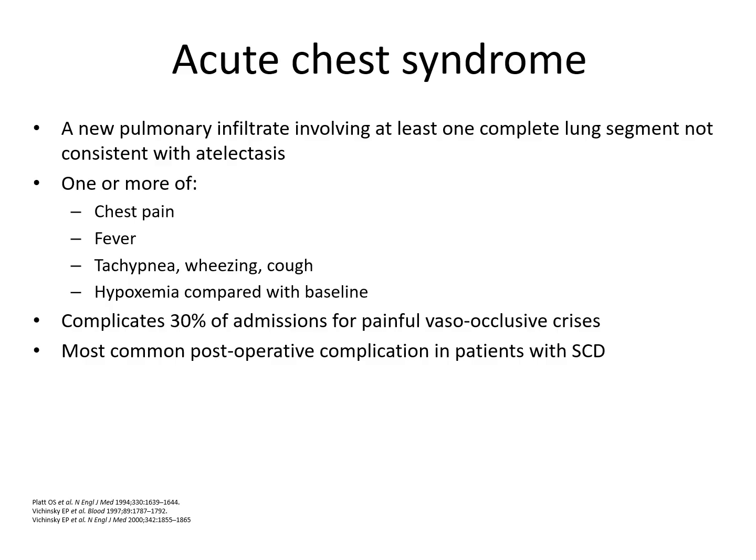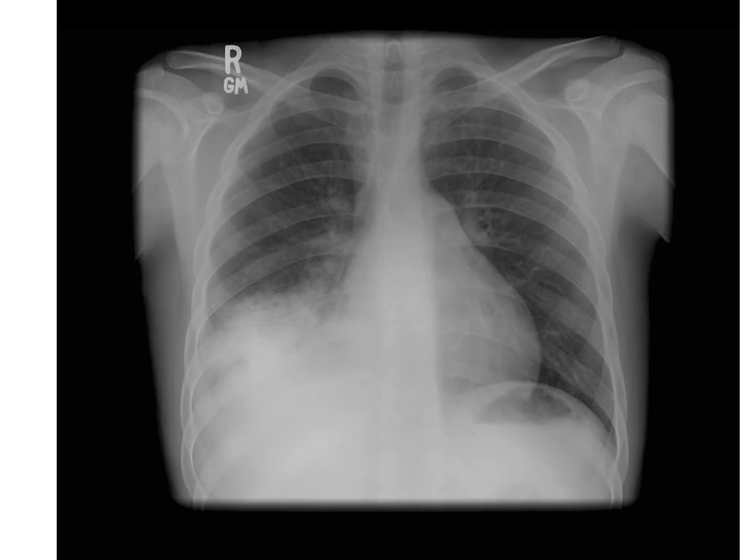Also, patients with sickle cell disease undergoing surgery have a high risk of developing acute chest syndrome. I'm showing you here one chest x-ray that shows in the right lower lobe a starting infiltrate, and this can very, very quickly progress. And the reason for this is again pathophysiology.